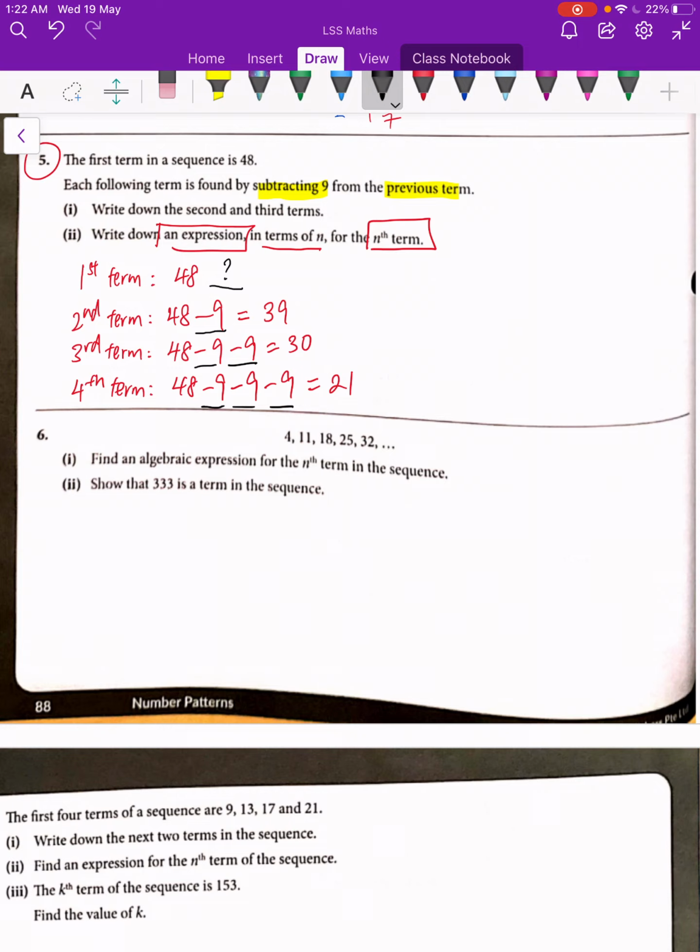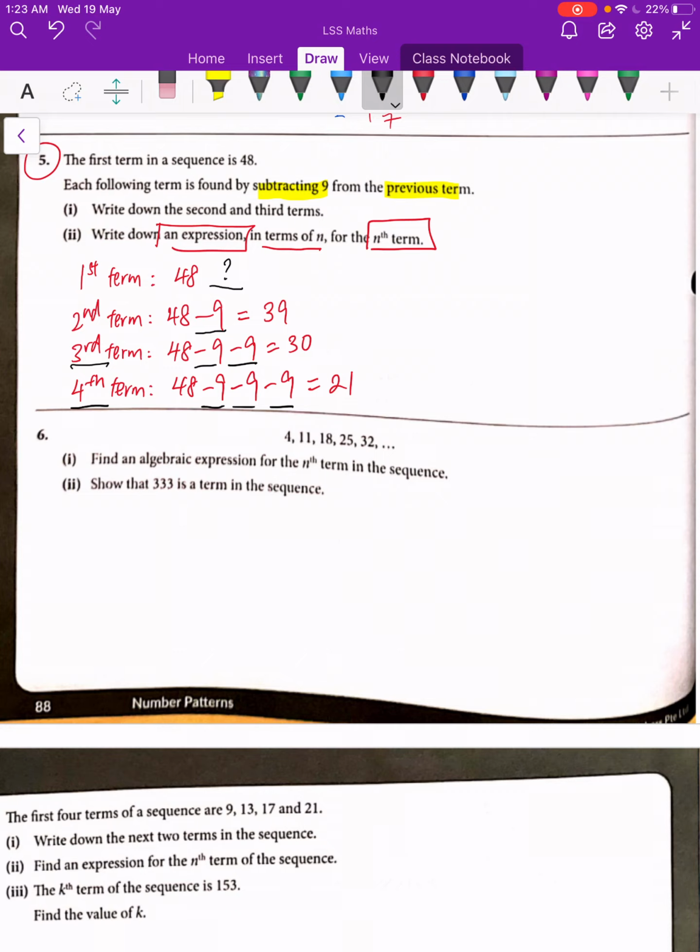And the number of 9s that they subtract, I try to find whether there is any pattern or any trick as compared to the position of the term. When I subtract 3 sets of 9, it is the fourth term. When I subtract 2 sets of 9, it gives me the third term.